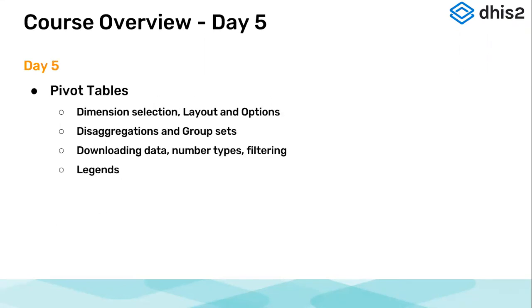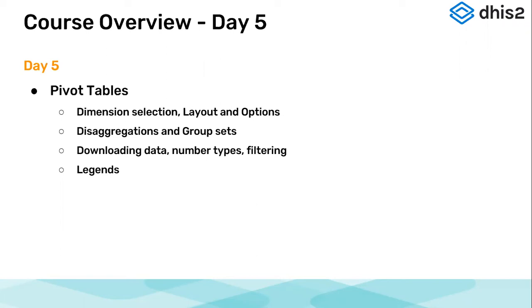Right. On day 5, we are coming back to a core DHIS2 analytic application, which is the pivot table. So we will start off with something which all of us feel is very easy, which is the tabular data output. Here we will be discussing how to select the dimensions, which of course we have configured and got an idea of on day 2 when we discussed the design considerations.